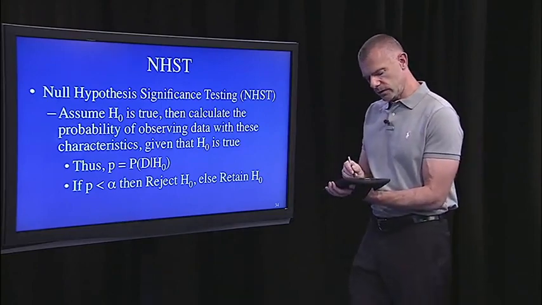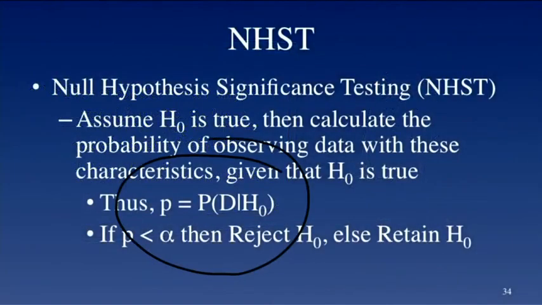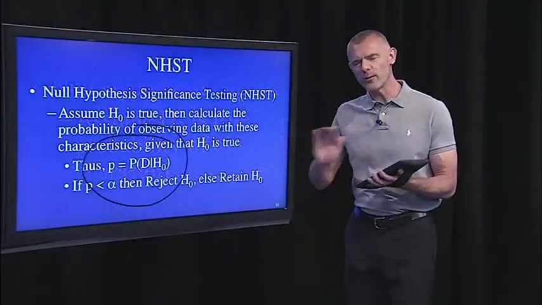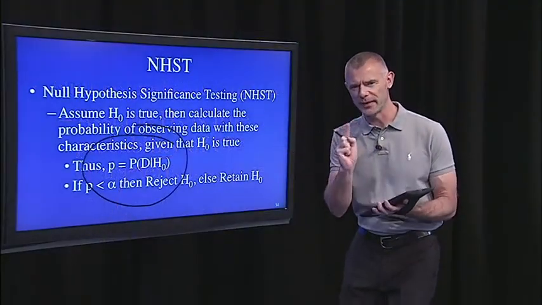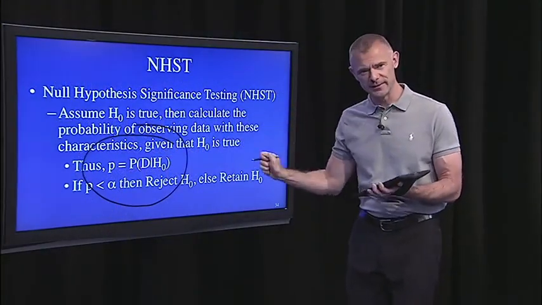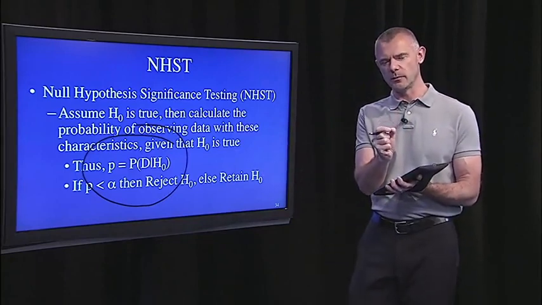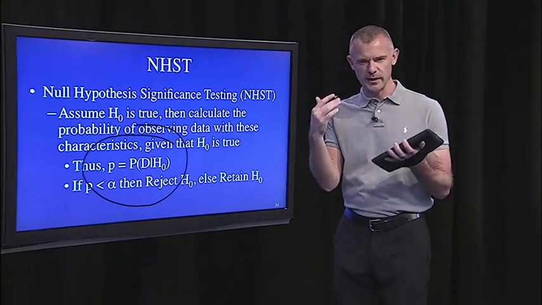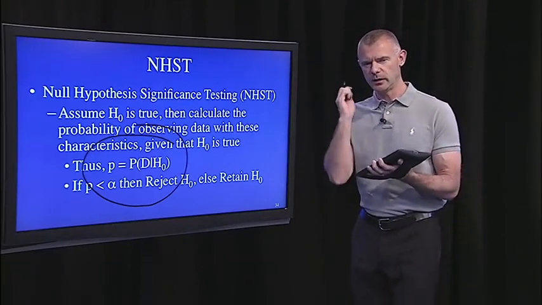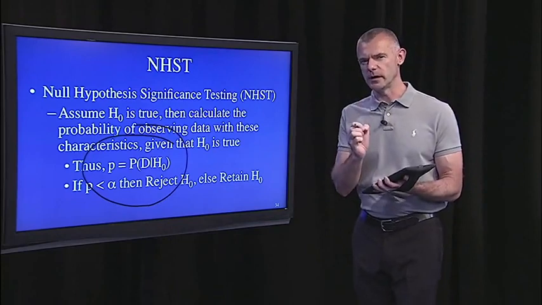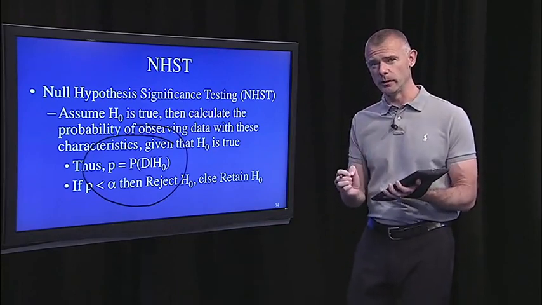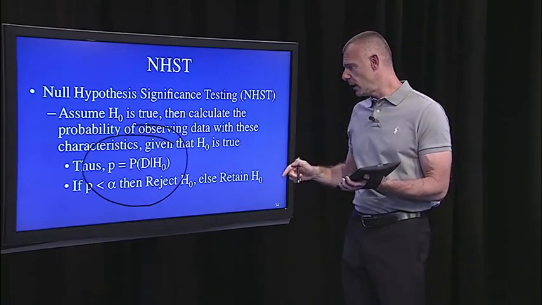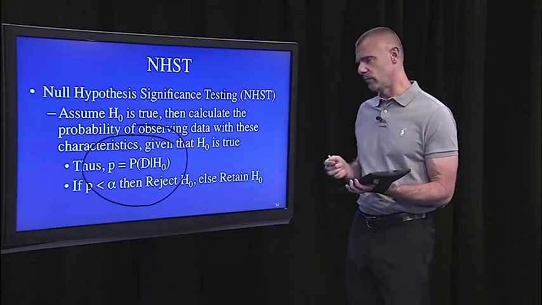The most important part of this slide is this piece here. Please understand, and I tell my students this at Princeton, if you walk away from my class knowing just one thing, please remember this: the p-value that you see reported in research articles, or when people say it's statistically significant, please remember what that p-value really means. It's really a conditional probability. It's the probability of obtaining this outcome or these data.